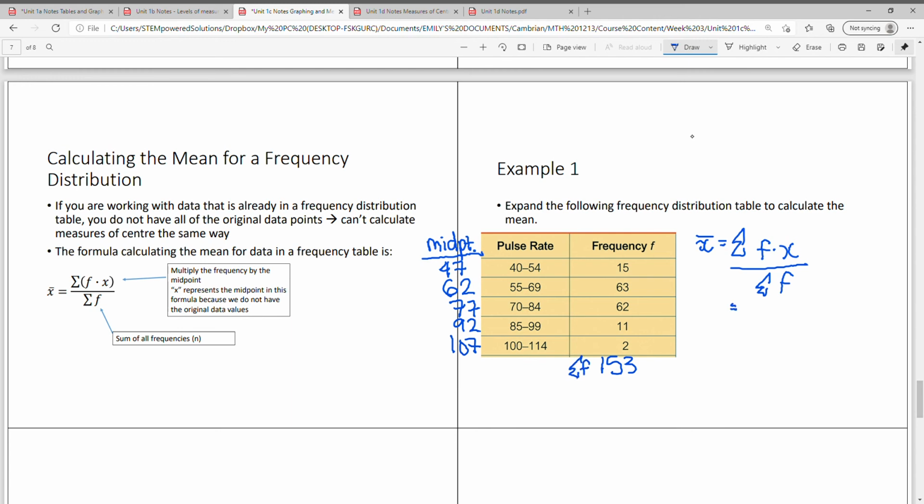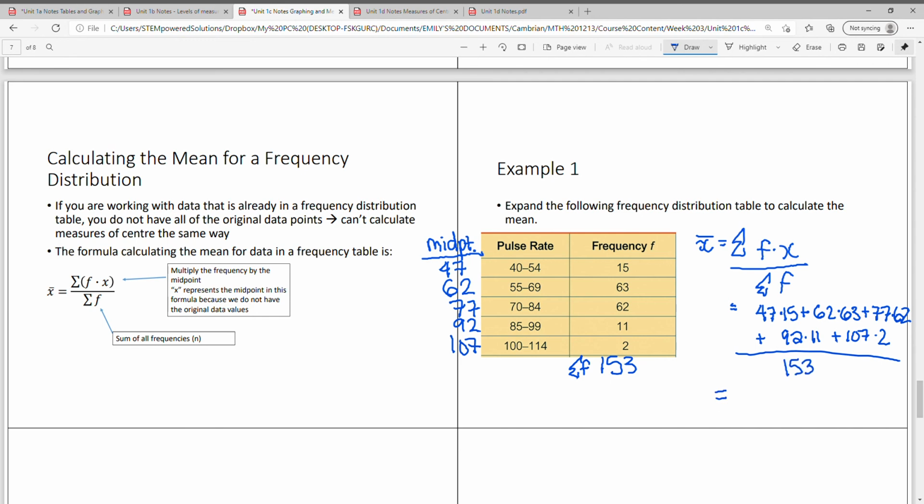So this will be equal to 47 times 15 plus 62 times 63 plus 77 times 62 plus 92 times 11 plus 107 times 2. Divide that by the sum of all frequencies, which is 153.